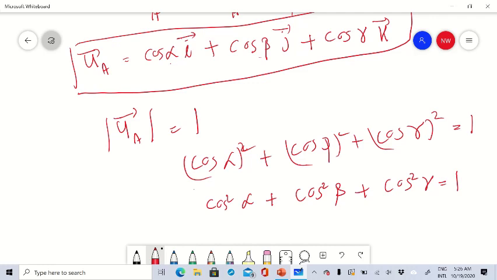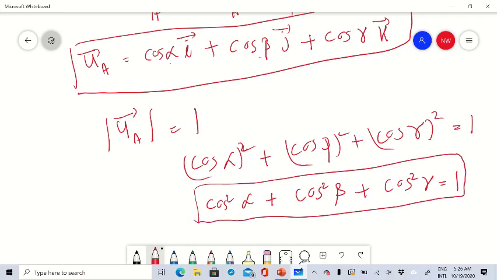right? So what is the importance of this relationship? If you know two direction cosines, then you can find the other direction cosine using this relationship. This relationship is only true for unit vectors.